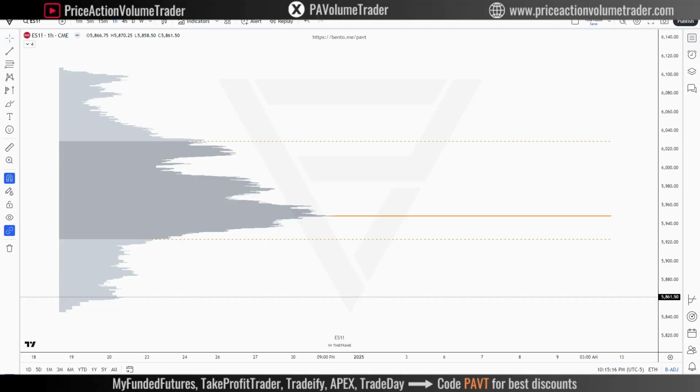Okay. The value area corresponds to 68 or 70% of all the volume that was traded within this range that we are analyzing. So that means that 68% of all the volume in this period was traded inside of this darker gray area.